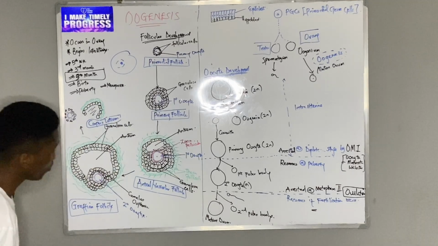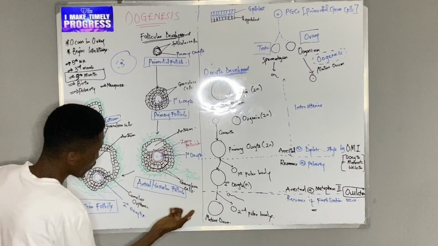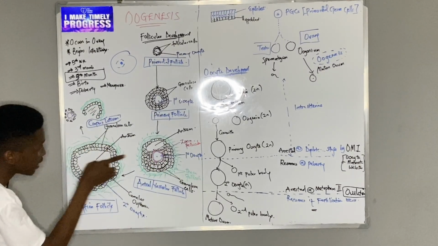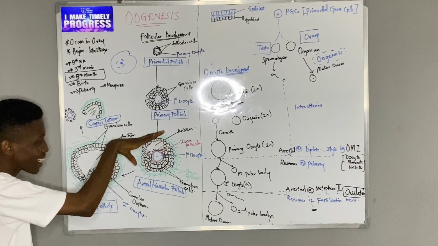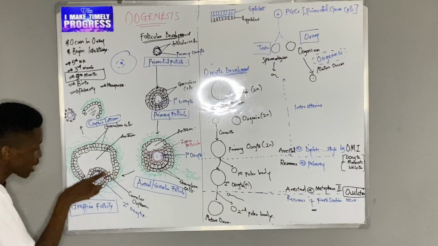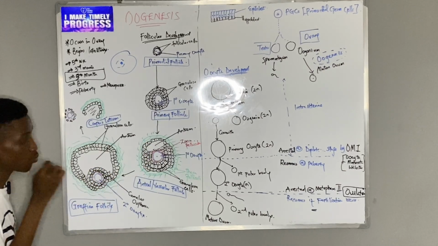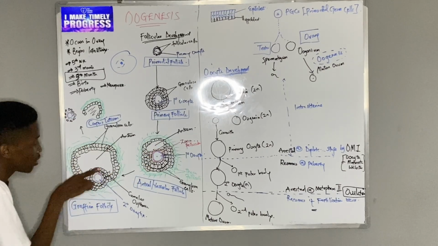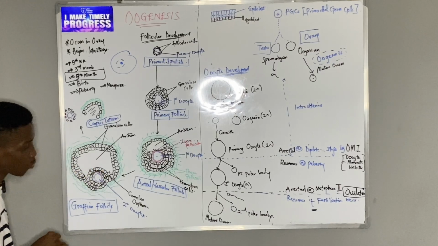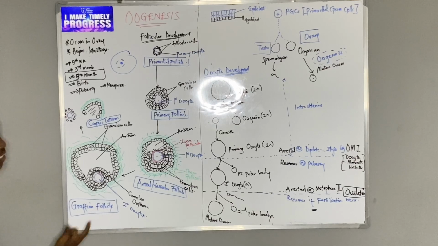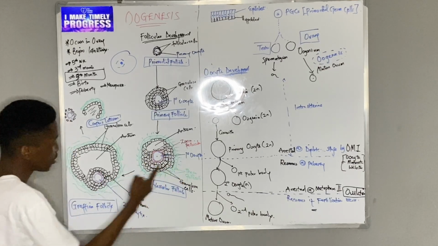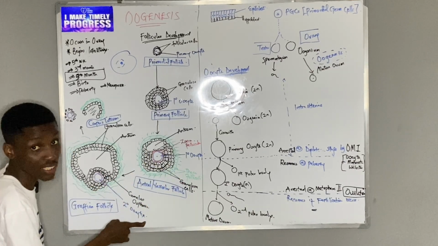All right, so you now observe that from here, one of the things that happens is that the antrum becomes bigger in size because more fluid seeps in, and it pushes my oocyte towards one end of the follicle. Beyond that, another thing worthy of note is that your primary oocyte becomes a secondary oocyte.